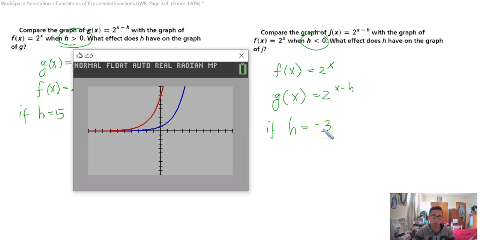It goes to the left. If it is greater than 0, it goes to the right. The graph of j is a translation of f to the left by 3 units. So 1, 2, and 3. It's here.